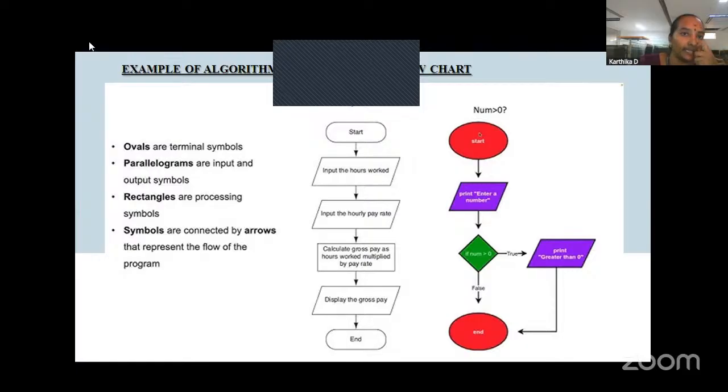For example, if we are going to calculate a power n, then we are using the brute force technique, and searching a key in a list, or computing n factorial, or matching two strings, or the traveling salesman problem. These are a few examples of the brute force technique.